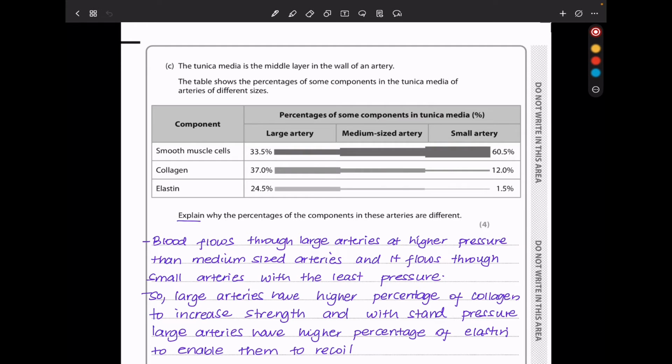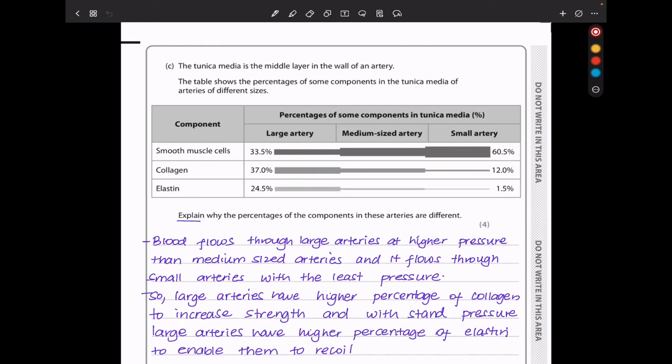The table shows the percentage of some components in the tunica media of arteries of different sizes. So the components include smooth muscles. In the large arteries, we have less smooth muscle, and we have greater smooth muscle in smaller arteries. Collagen is going to be more in the large arteries. Collagen gives extra strength to the blood vessels, so we expect it in the larger arteries that carry blood at very high pressure.